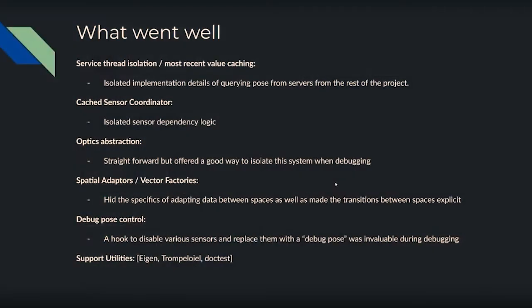Like I said before, the spatial adapters and vector factories, I was a little concerned about the performance with them. In release builds, I didn't notice anything. The debug builds are quite slow, though. I suspect it has a lot to do with these calls. But they, again, provided two things.